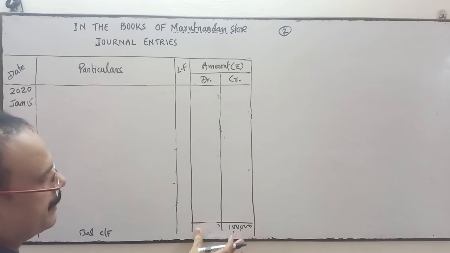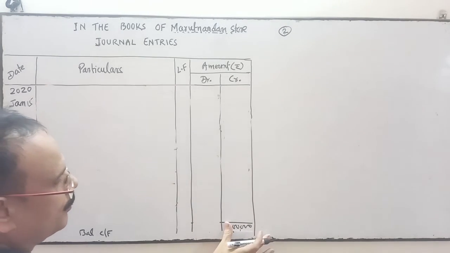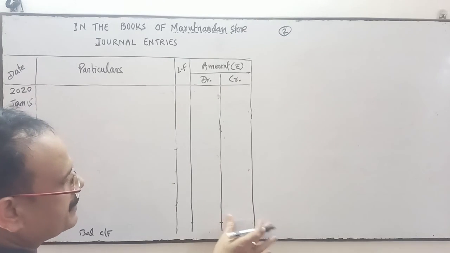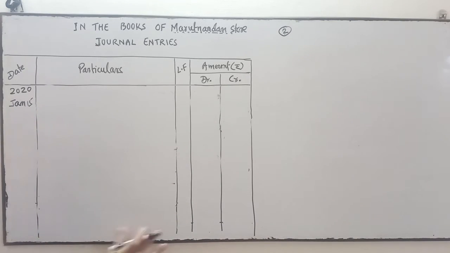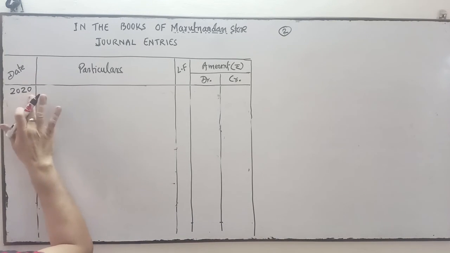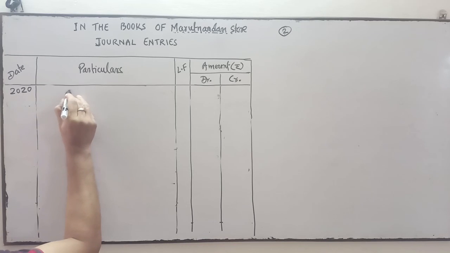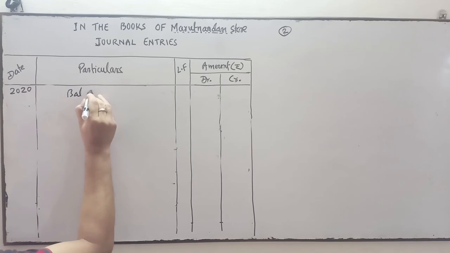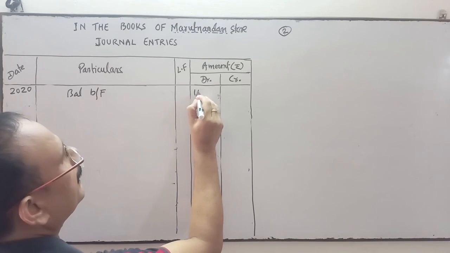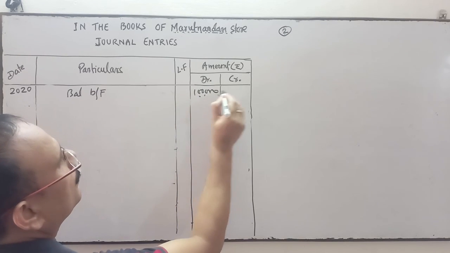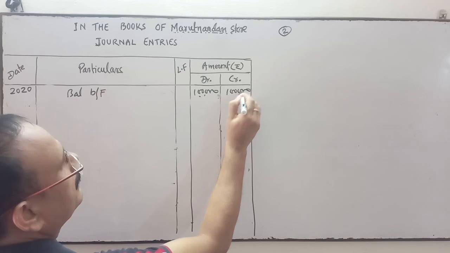Now I am entering page number 2. Before starting the transactions, I will write over here balance brought forward. Here I will write 1 lakh and 1 lakh in a straight line.